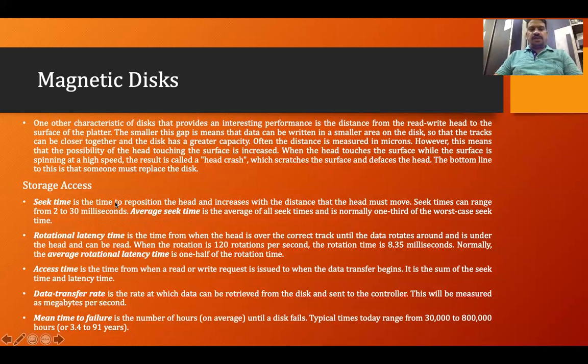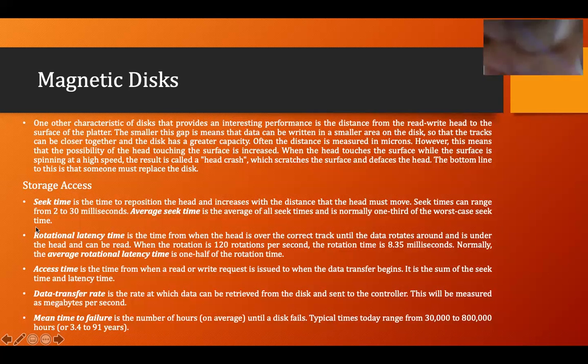Seek time is nothing but the time to reposition the head, that is the read write head, and it increases with the distance that the head must move. Seek time can range from 2 to 30 milliseconds. Average seek time is the average of all seek times and is normally one third of the worst case seek time.